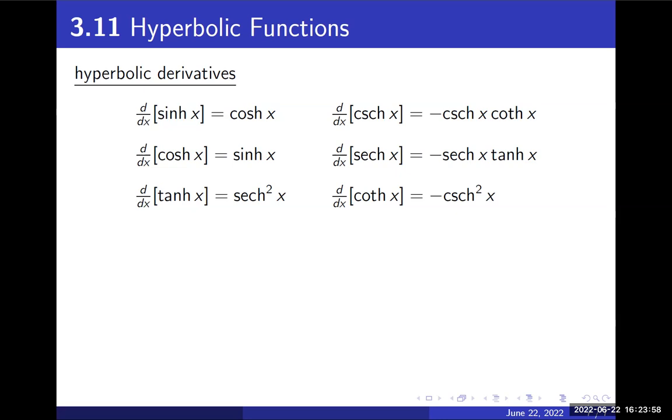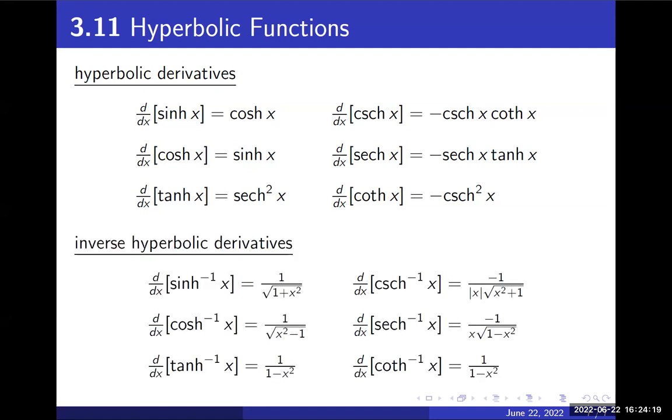So you notice I left some space here at the bottom. I hate to do this to you, but it turns out all 6 of these hyperbolic functions also have inverses, and all of those inverses have derivatives as well. So here you go. Here are the inverse hyperbolic derivatives.